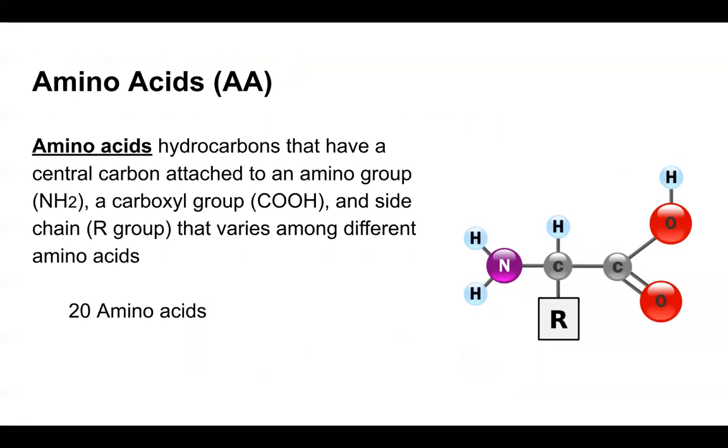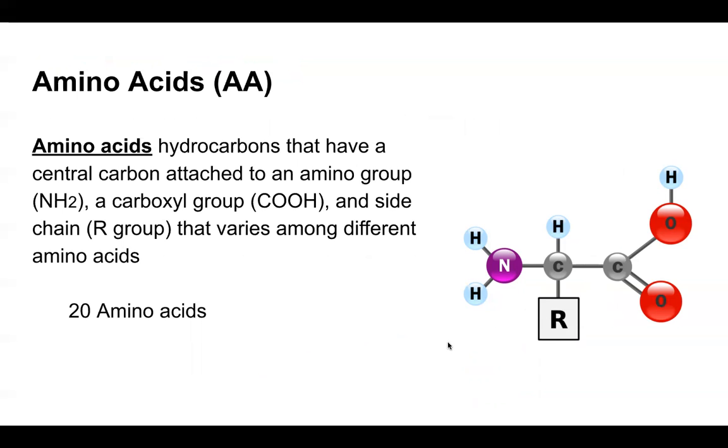Amino acids are hydrocarbons that have a central carbon attached to the amino group and carboxyl group, and with the side chain or R group that varies among different amino acids.